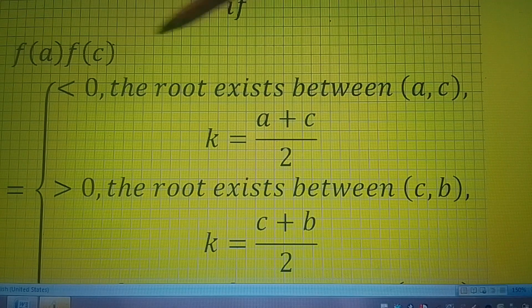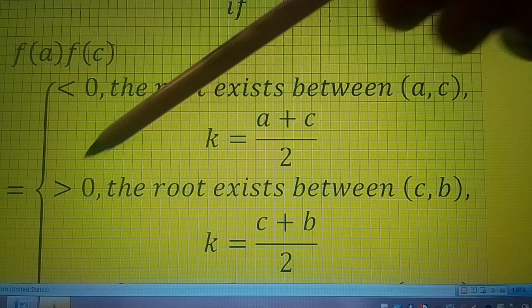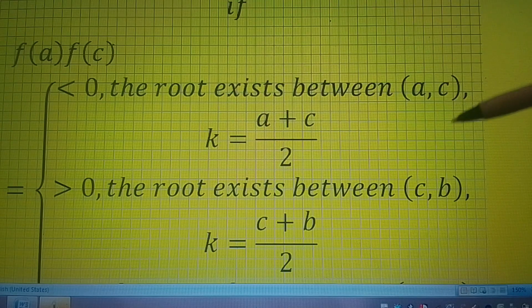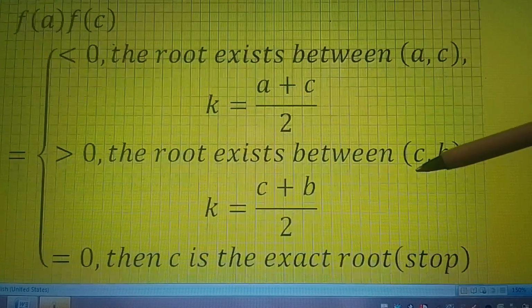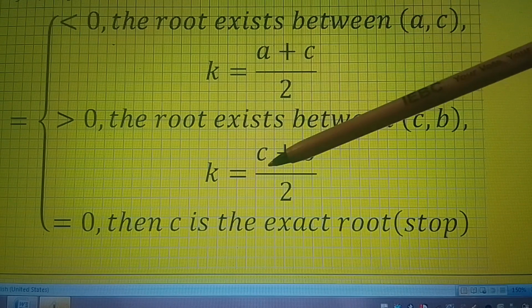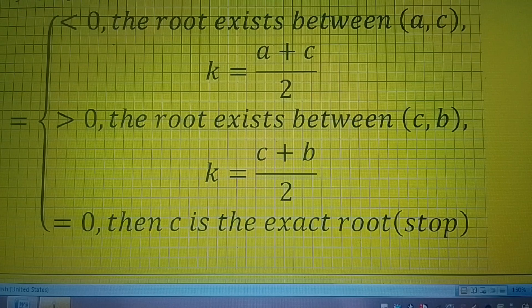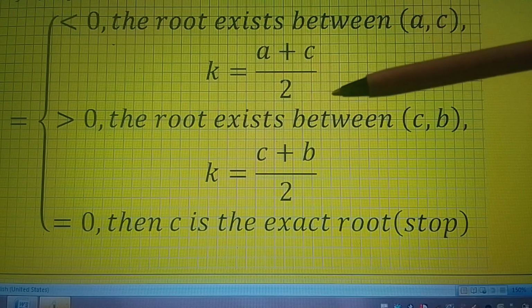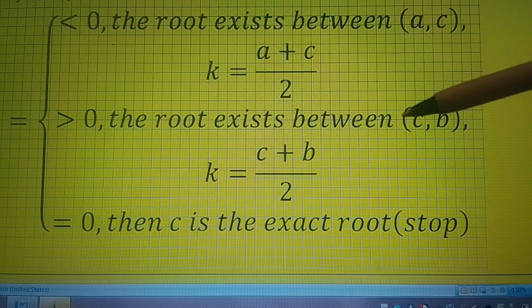If f of a times f of c is greater than 0, then the root exists between c and b, where the root k is c plus b divided by 2. But if f of a times f of c equals 0, then c is the exact root.